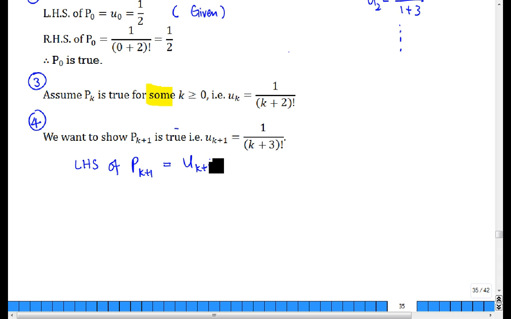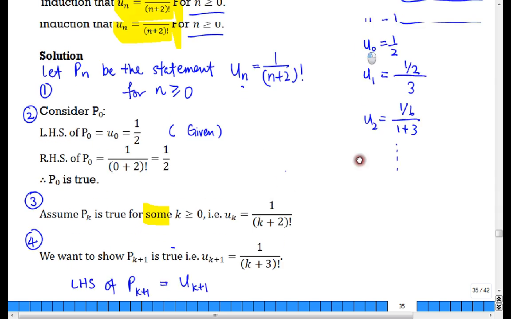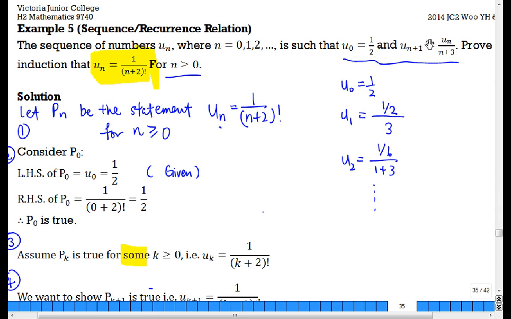Now, so far we have not made use of the recurrence relation. From step 1 to step 2 to step 3, we have not made use of the recurrence relation. This is the time to make use of the recurrence relation, which is given. We accept it. Look here. This is the definition.